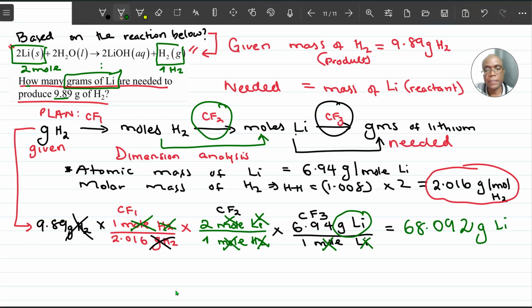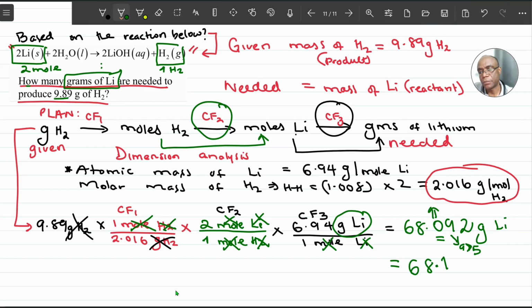Now I see I have 3 significant figures, so 3 will land here, so it's 68.1 because 9 is greater than 5, so we'll round up the 0 to 1.